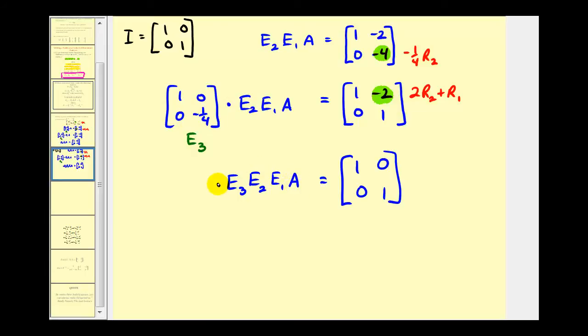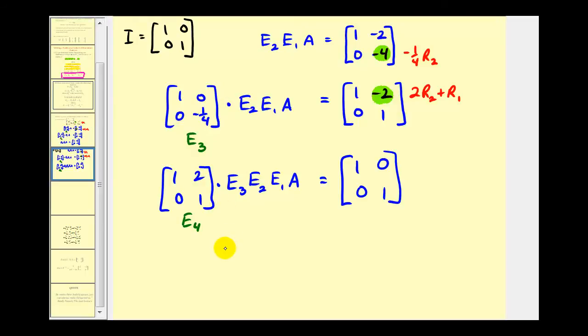We need to multiply by one more elementary matrix that is formed by replacing row 1 with 2 times row 2 plus row 1. So that'd be 2 times 0 plus 1, that's 1. 2 times 1 is 2 plus 0 is 2. Second row stays the same. So this is E sub 4.